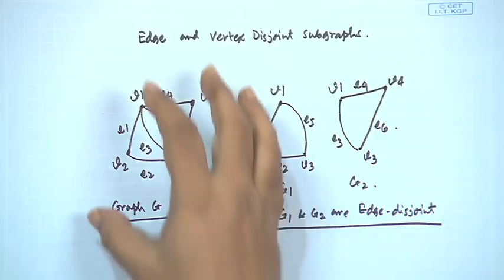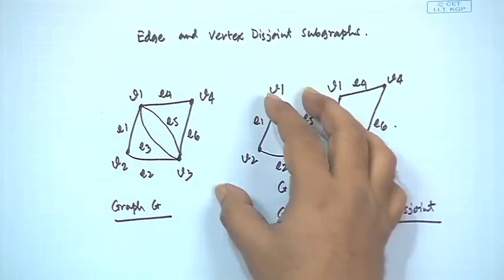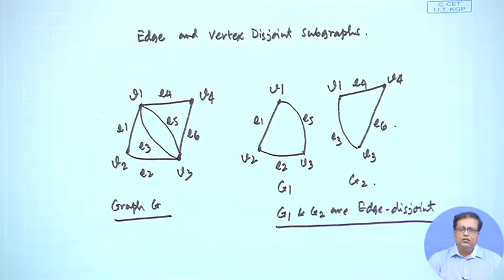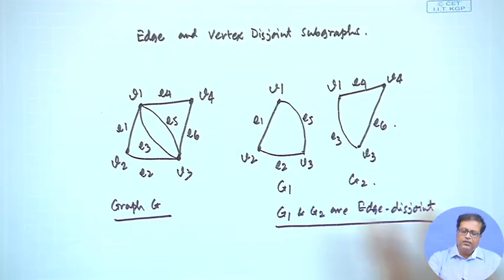If this represents the total problem, these two represent two partitions where there are no common edges. Yes, vertices are common, but you can still make very interesting observations out of such situations, right?